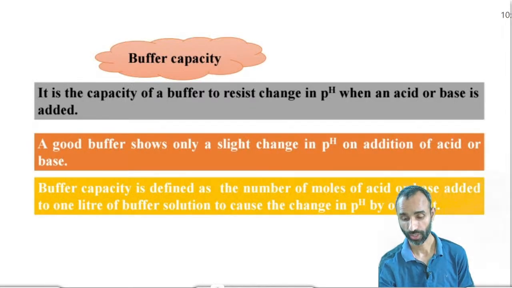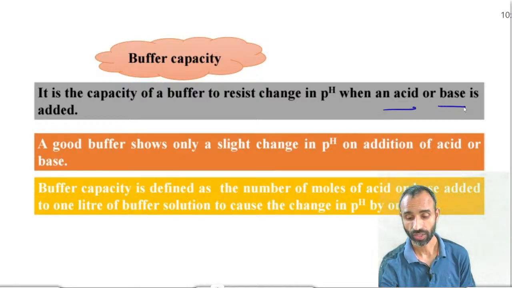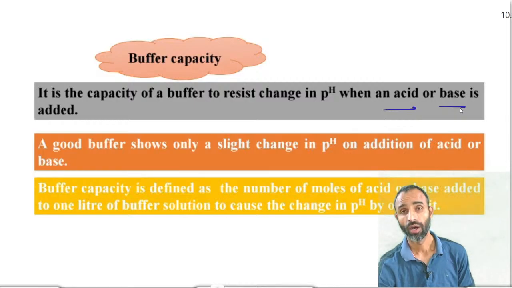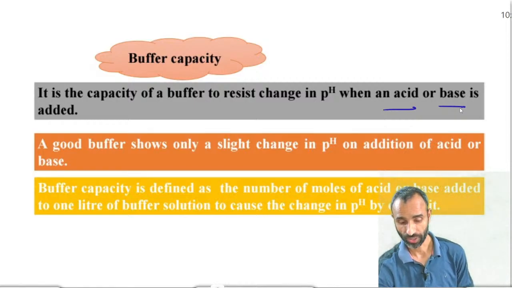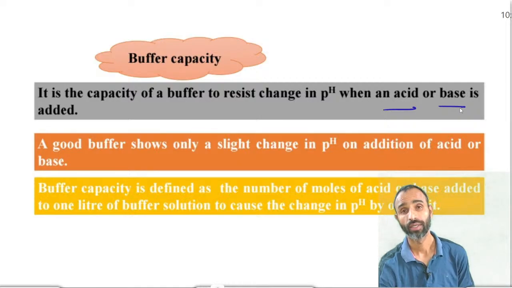Buffer capacity. Buffer capacity is when we add acid or base, how much it resists the change in pH. That is called buffer capacity.